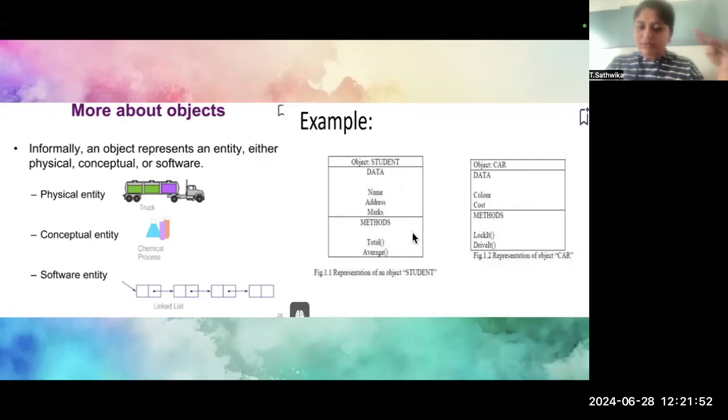So this is the data of the student, and the methods are total and average. This is the representation of an object student. And coming to car, in the representation of object car, the data involved is its color and cost, and the methods are driving or something related to the car, whether it may be the driving license related to that car and related to the person, the owner of the car, basically. So these are the methods.